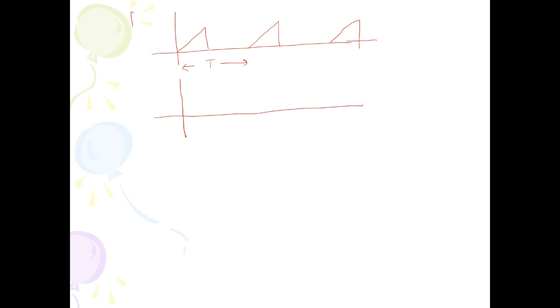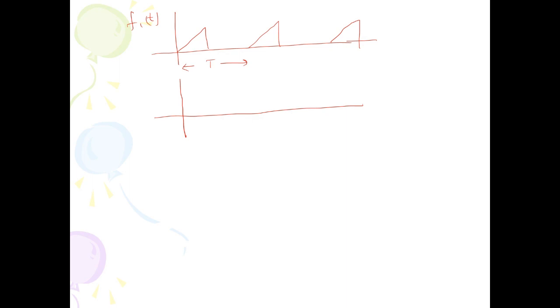So let me give some example of waveform. Suppose this is one signal which is periodic in nature. Period will be capital T. This is a fundamental time period. This is f1 of t.